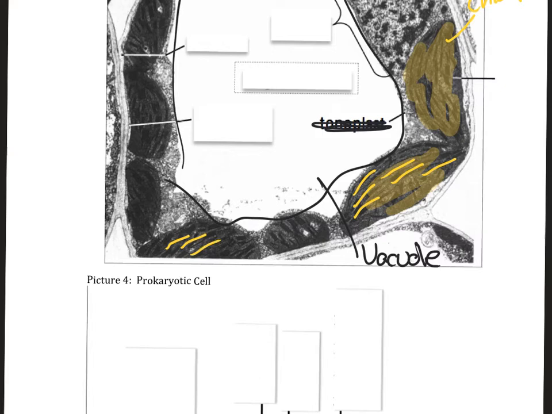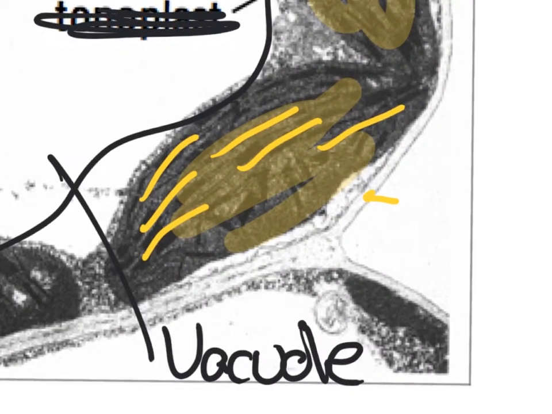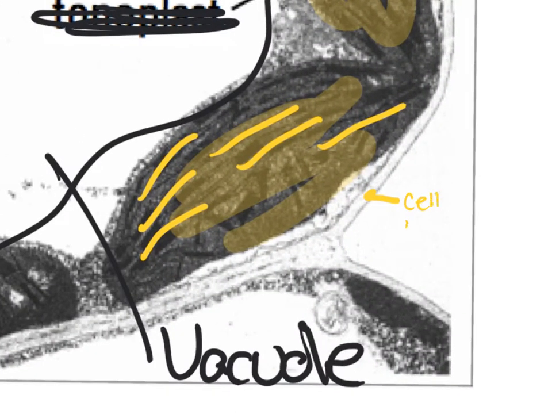Looking at the edge here, the outermost one, I'm going to zoom in a little bit, is going to be the cell wall. It's pretty thick. And then this one right here, this inner layer along here, is going to be the cell membrane.